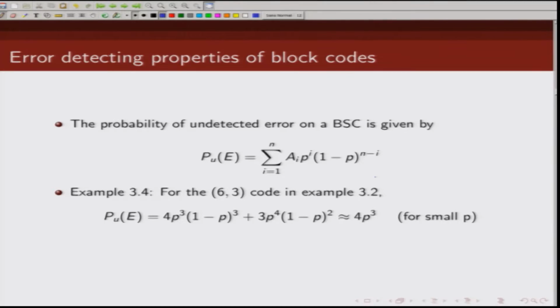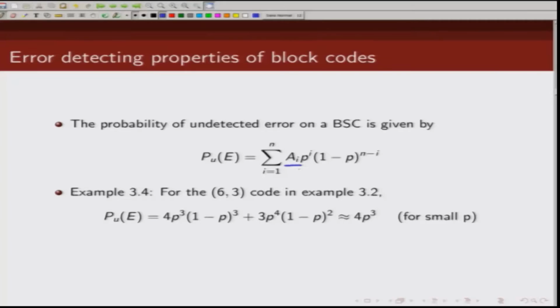So, what is the probability that, when you are sending an all 0 code word, you get another code word of weight i? Now, that probability is given by, since we are considering a binary symmetric channel.